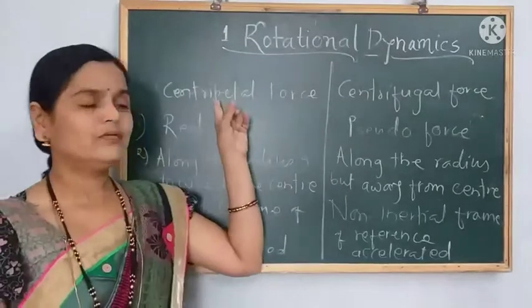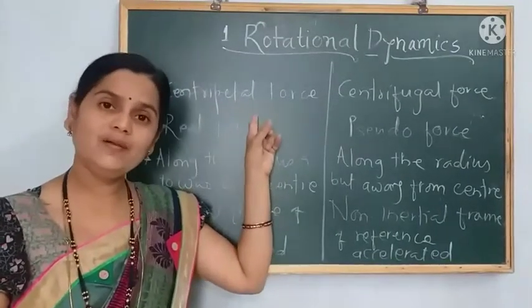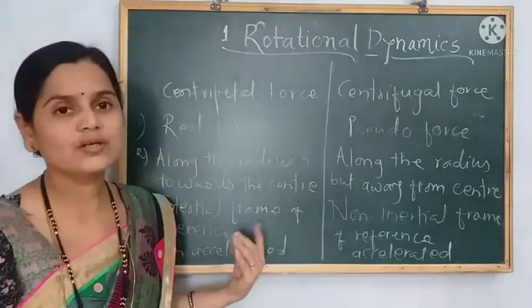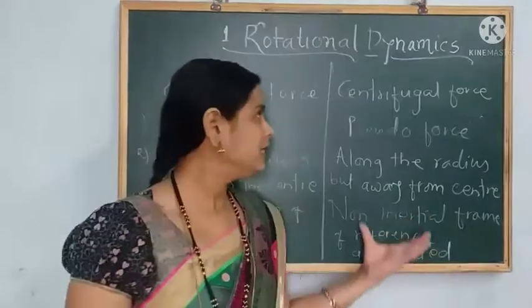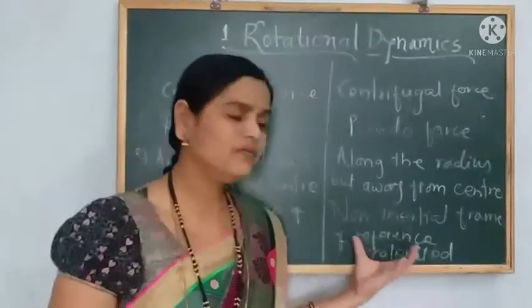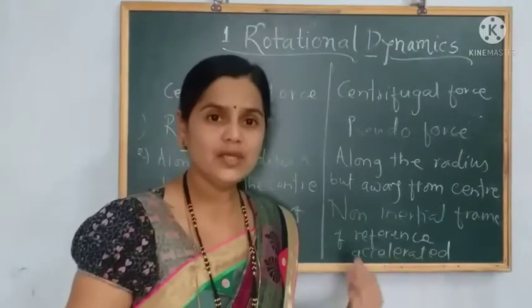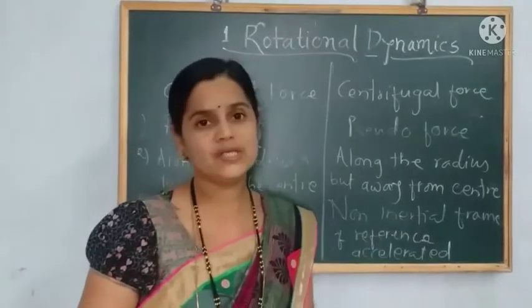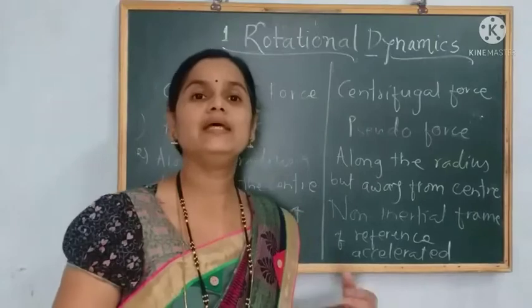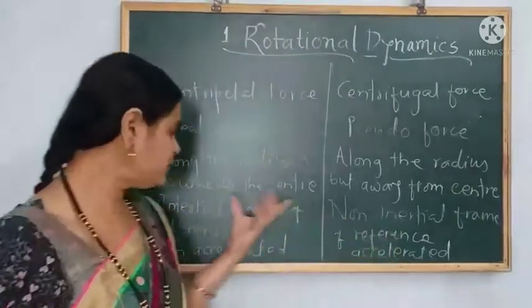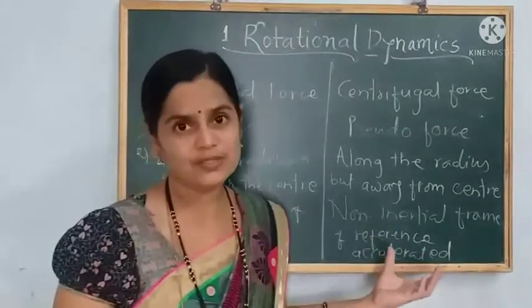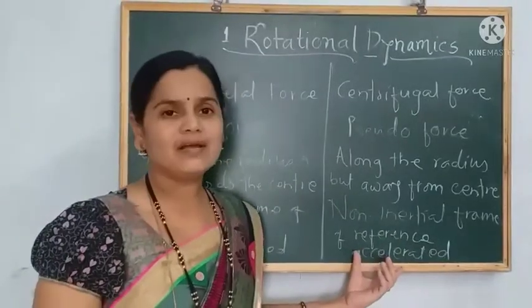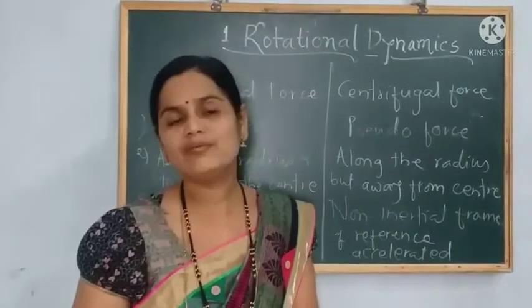So for the centripetal force acting on the body, Newton's laws of motion are obeyed, but a non-inertial frame is one moving with an acceleration with respect to the inertial frame of reference, and it is called an accelerated frame of reference.